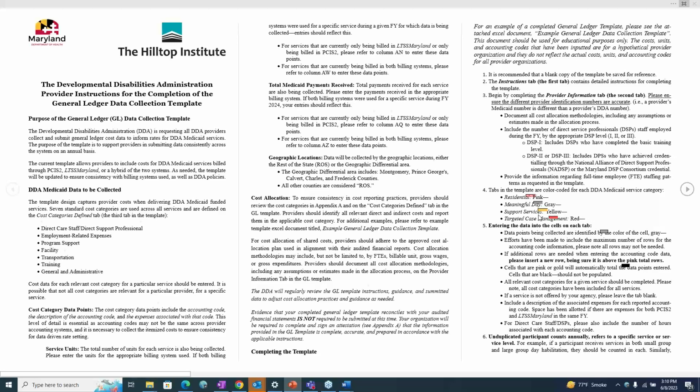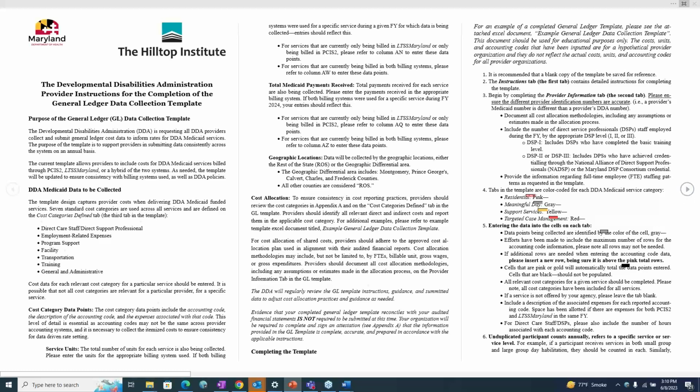As we move down, the different tabs are color coded based on the type of service category. And there is actually a crosswalk of the services and the service categories and what colors they are on the template to help guide providers.